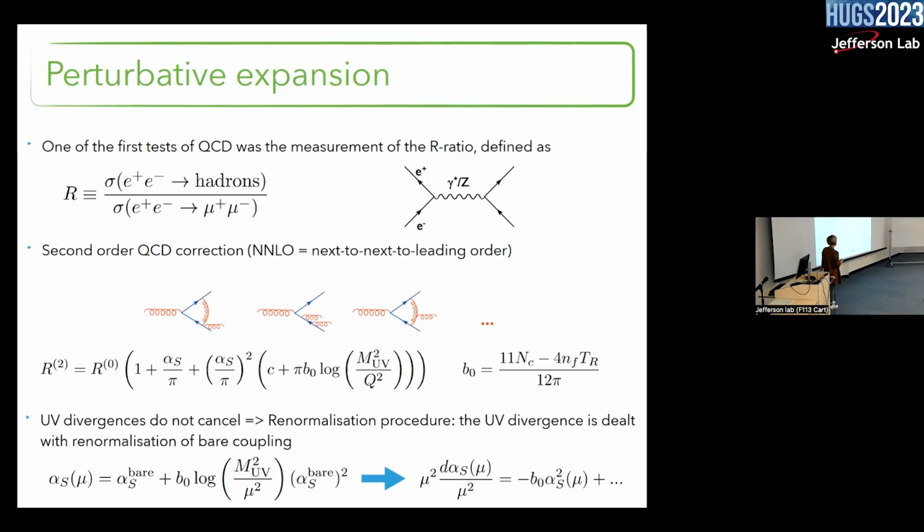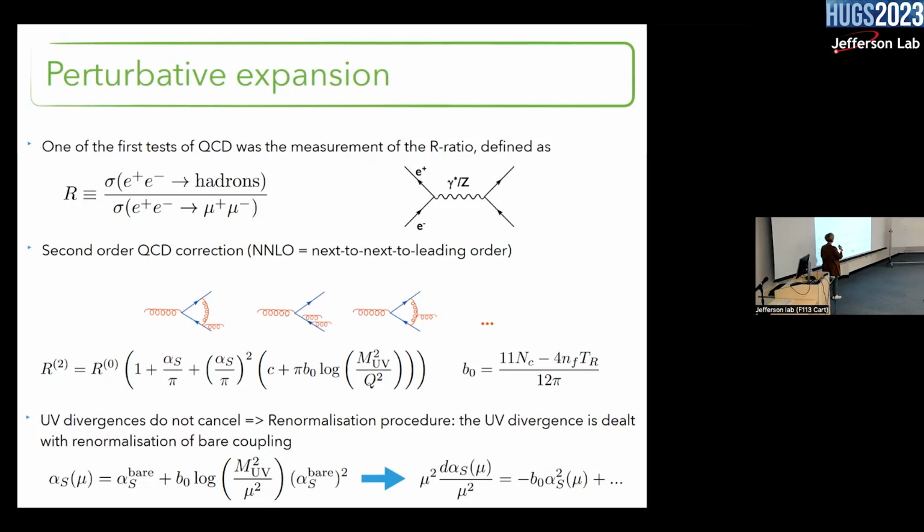You know really well, you have to do a renormalization procedure to absorb the UV divergence into a redefinition of the strong coupling constant, okay? So basically you say that your real strong coupling constant is the bare coupling constant, which is infinite, which absorbs this UV divergence order by order.